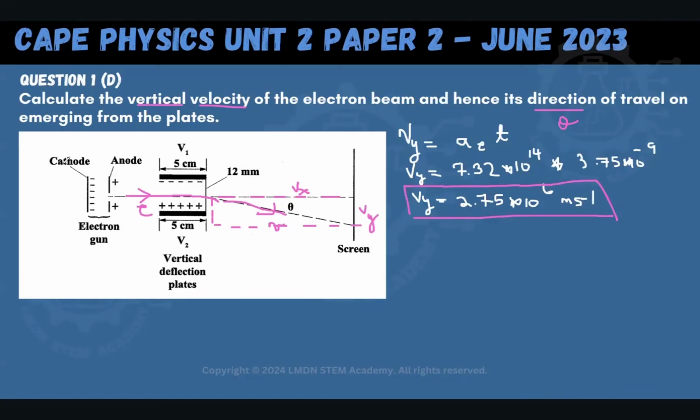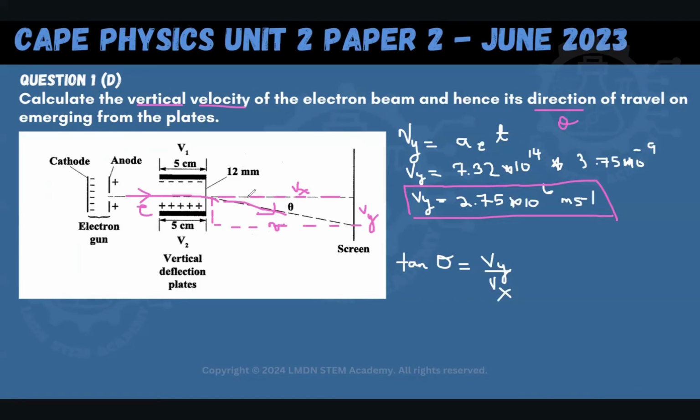All right. So now let us see what we would need to find the direction. To find the direction, we're going to have to do the tangent. So we're going to do tan theta of the vertical velocity over the horizontal velocity, right?